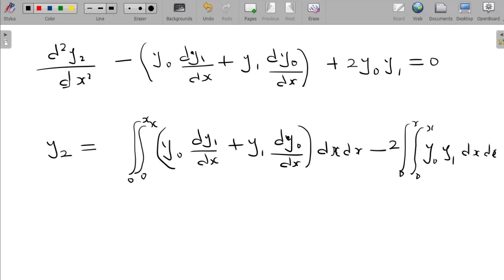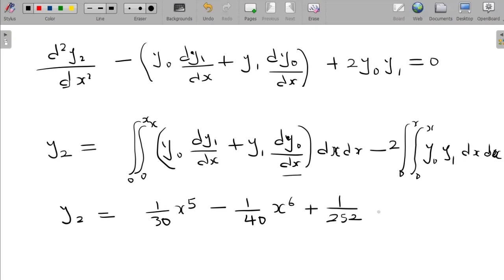Like I said before, using the initial conditions here doesn't have any significant effect on the solution, so we just continue the integration. So making the substitution for y0 and y1, then differentiating y1 and y0, and integrating the terms will yield y2 as 1/30 x⁵ minus 1/40 x⁶ plus 1/252 x⁷.